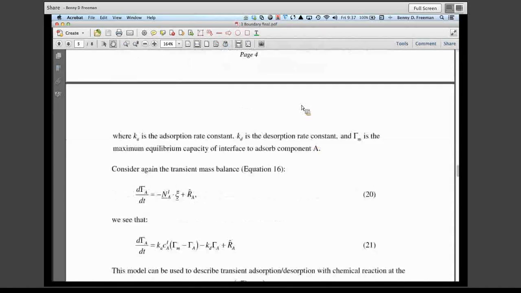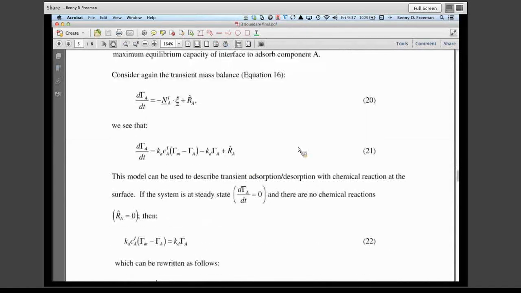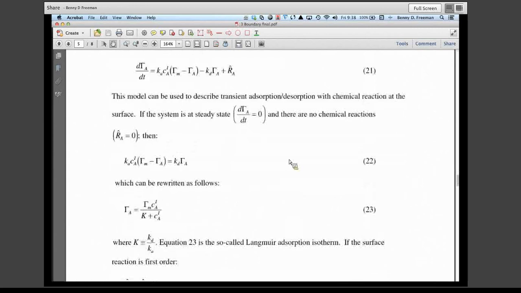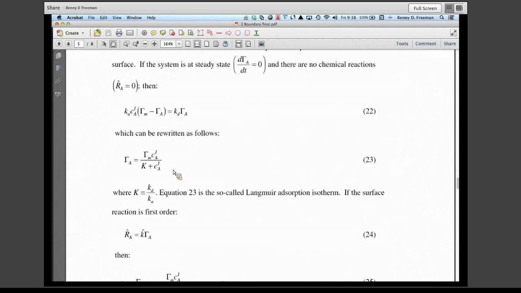We then put this model into the expression for the time rate of change in the mass balance, essentially in equation 21. We considered a situation first where the system was at steady state and there was no chemical reaction, and this led us to derive the so-called Langmuir isotherm, and to derive it in this case from a kinetic perspective rather than from a thermodynamic perspective.